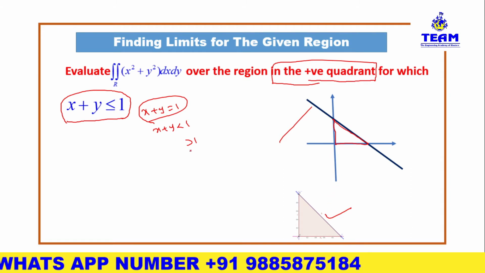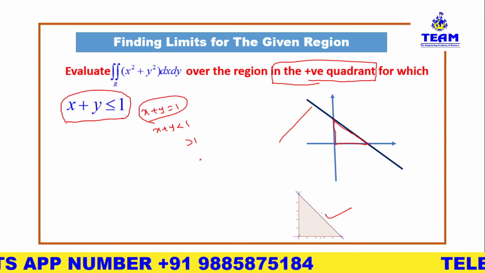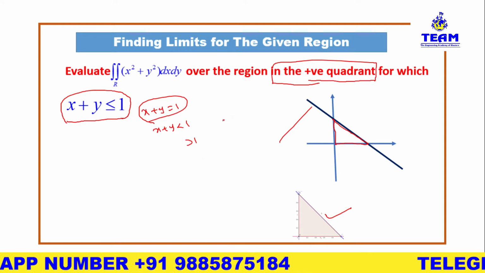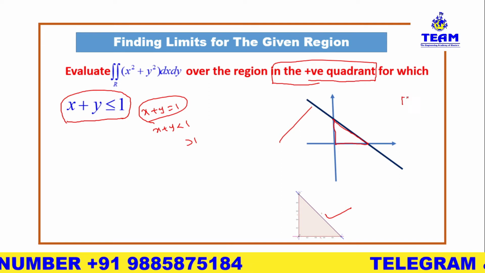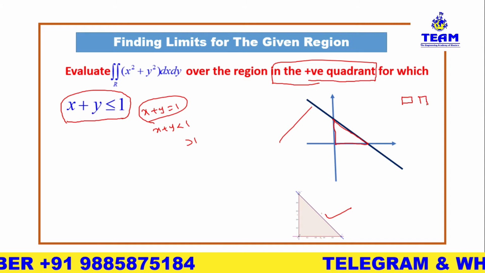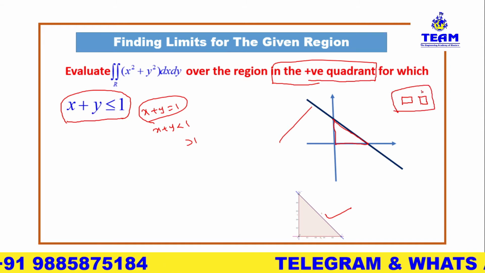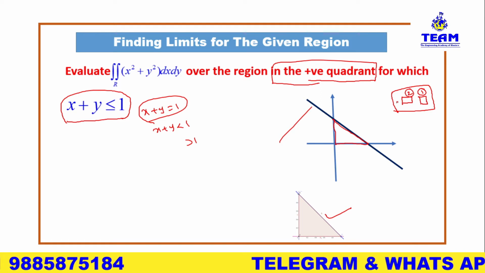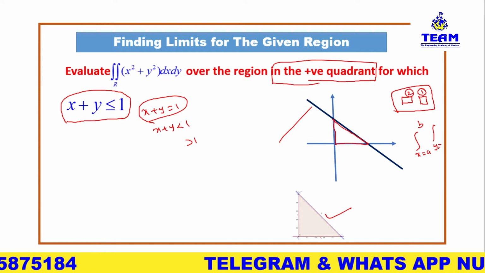In this triangle, now what you require is to find the limits for x and y. You remember friends, one of the important things is when you will get independent limits for the given region. This is a rectangle. Next, this is a square. Friends, you remember, if the given region is either a square or a rectangle, then only you will get the x limit from a to b and the y limit from c to d.